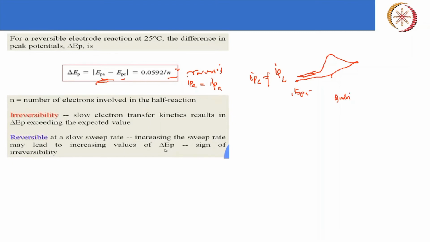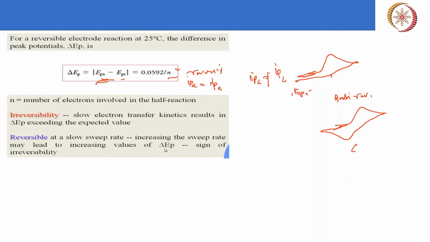And the other one is quasi-reversible. In a quasi-reversible process the redox process is there, but the redox peak separation is higher compared to the reversible process condition.